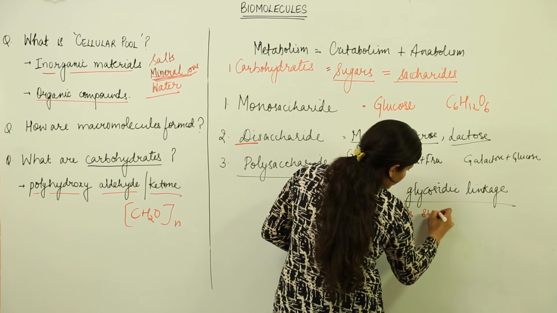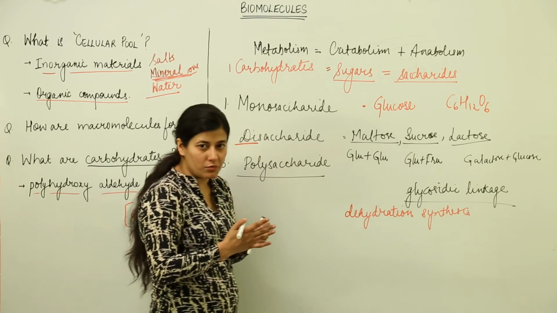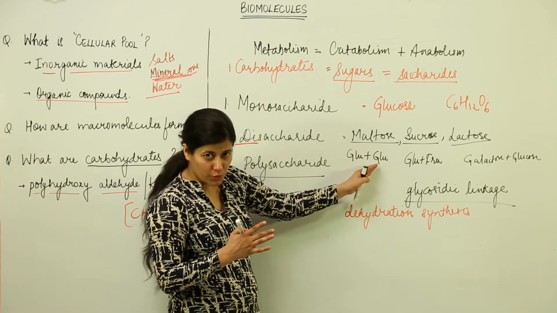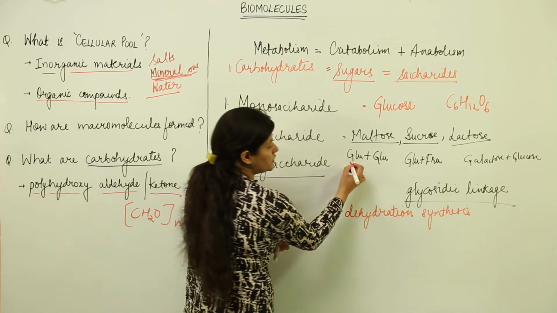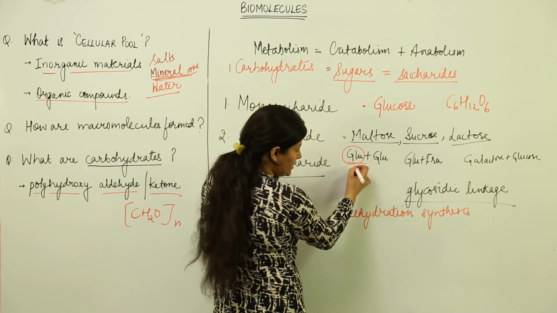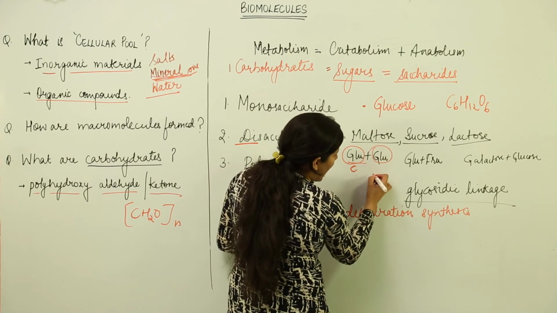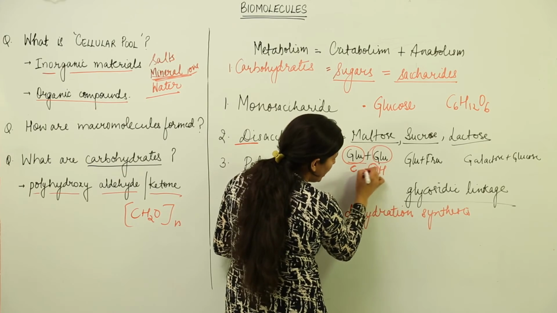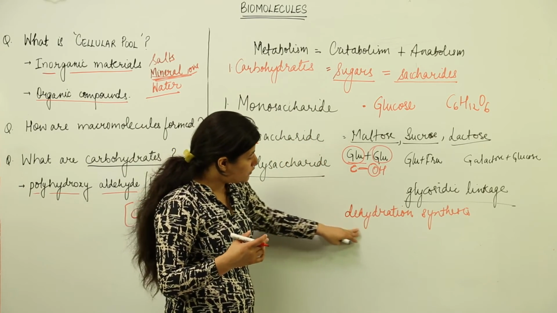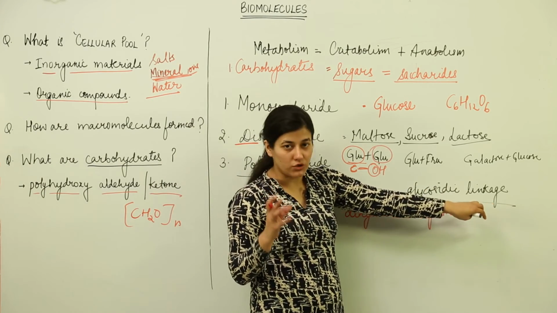This leads to the loss of a water molecule, because the carbon of one sugar gets bound to the oxygen of the hydroxyl of the other sugar. I am repeating it: the carbon of one sugar binds with the hydroxyl oxygen, this bond is formed, and in return there is a loss of a water molecule, which is dehydration synthesis, and a glycosidic linkage is formed between the two sugar molecules.